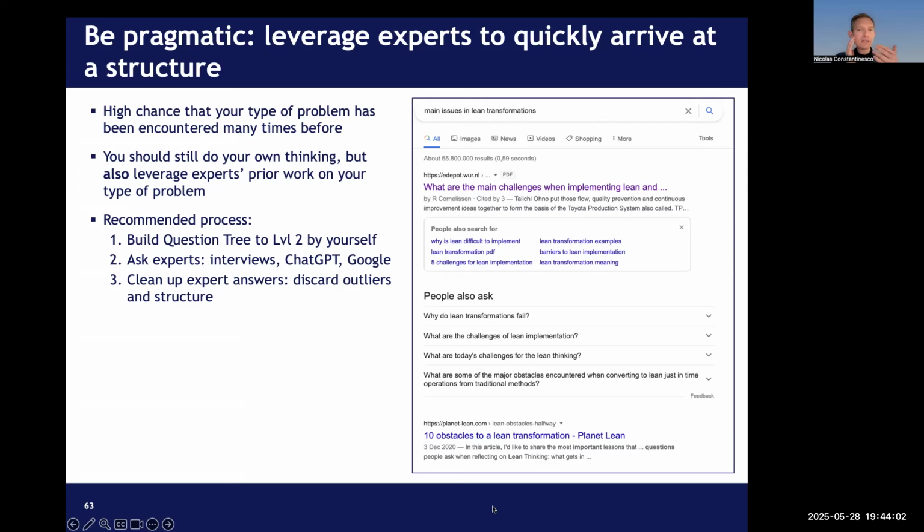So clean up the answer from AI, then compare your question tree with what AI gave you, and then learn from that, get insight from that, and then refine your question tree, of course.